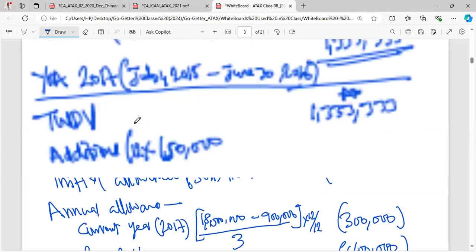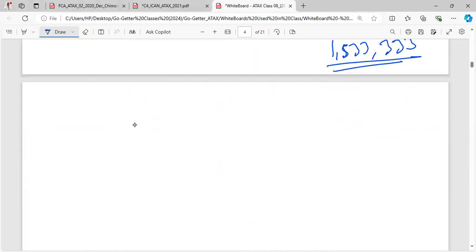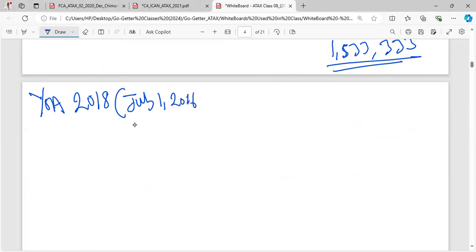Then you will go to the next year, which is 2018. That's the last year of assessment, 2018. The basis period is July 1, 2016 to June 30, 2017.